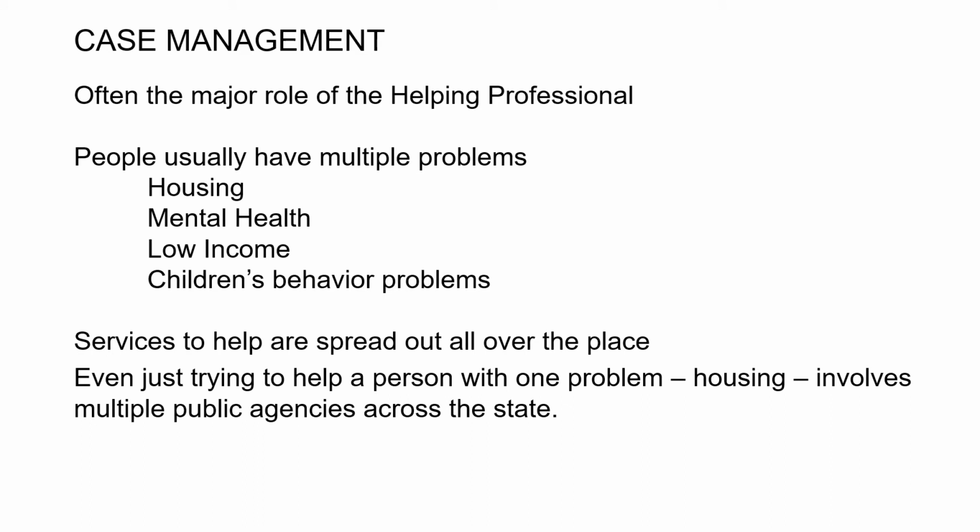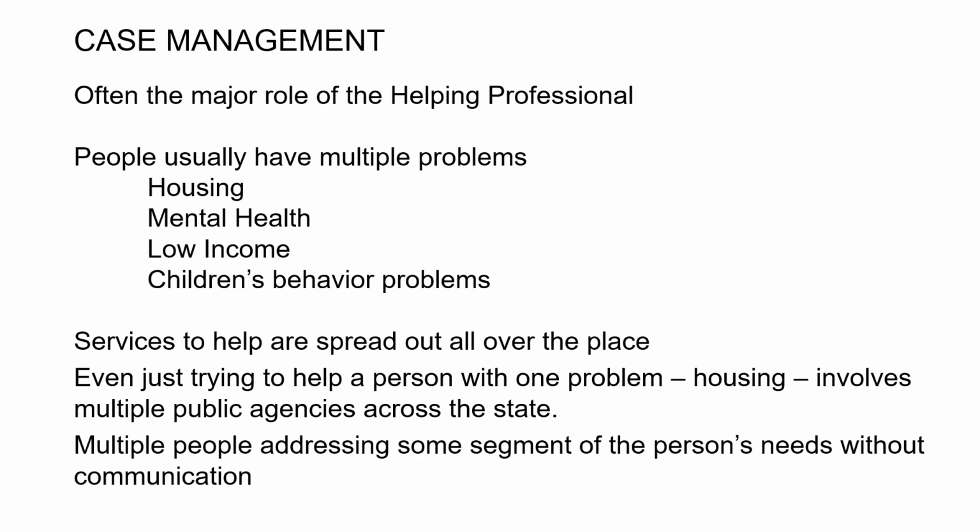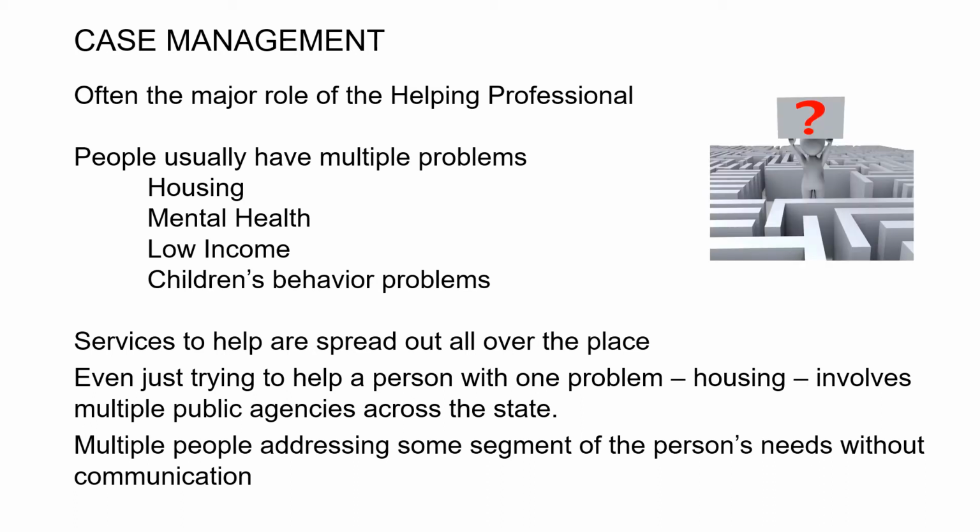Even just trying to help a person with one problem, say housing, involves working with multiple agencies across the state. And multiple people are addressing this segment of the need, but they're not talking to each other. They're each doing their own thing. And that is where case management is critical.